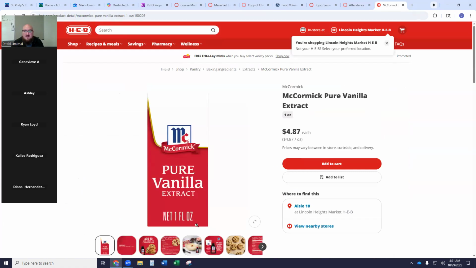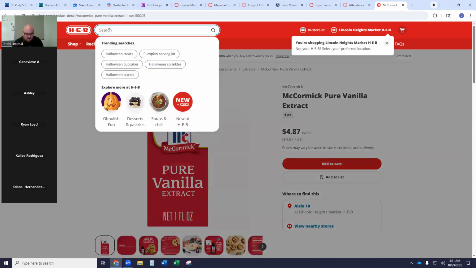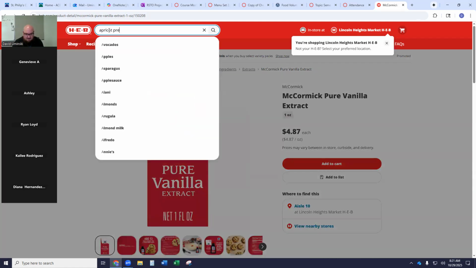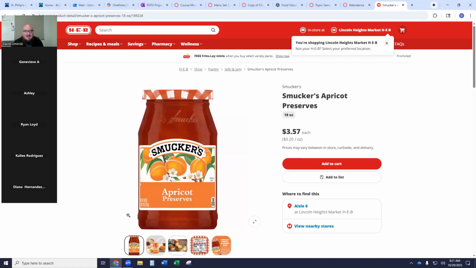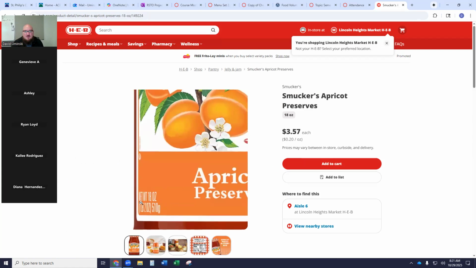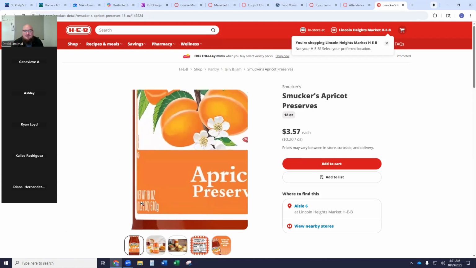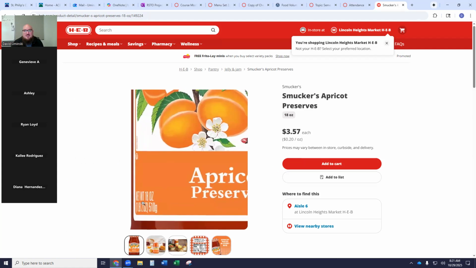So the fluid ounce is a volume, which means this 1 fluid ounce is the equivalent of 2 tablespoons, because 1 tablespoon equals half of an ounce, right? Yeah. So the FL is fluid ounces, whereas apricot preserves is net weight. So instead of fluid ounces, in this case, it's measured by weight.